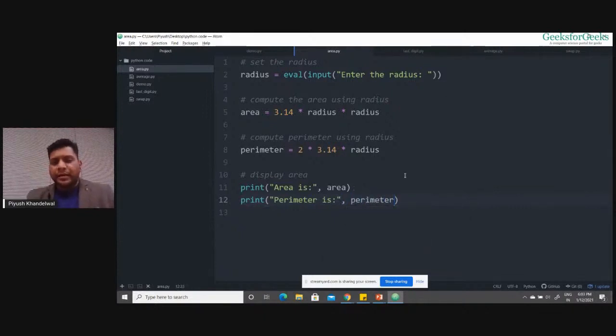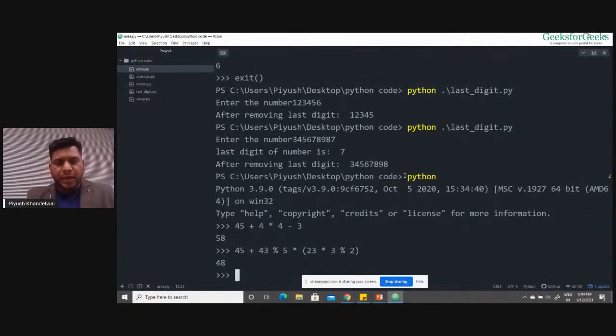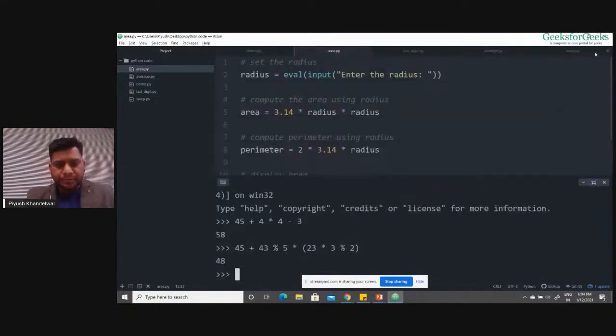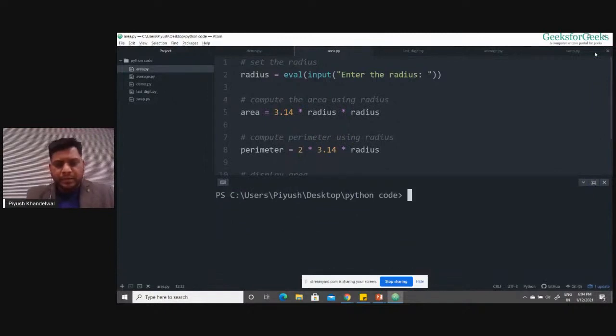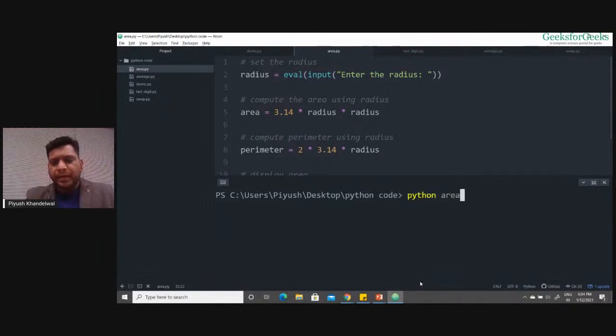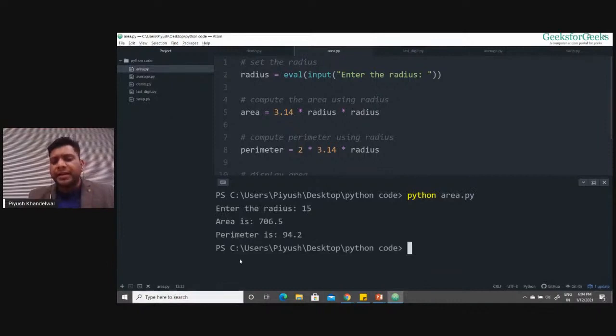Now I will save this program with Control S. Now if I want to run this program, with this shell, the name of the program is area.py. So I'll write python area.py. You see, it is asking me to enter the radius. Suppose I enter 15. It is giving me area is 706.5 and perimeter is 94.2, right?